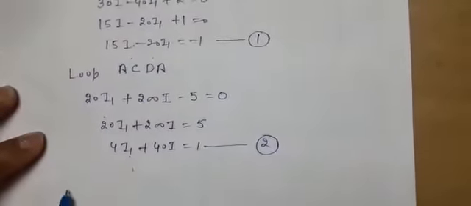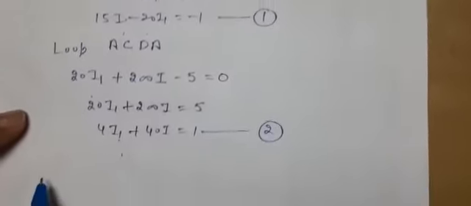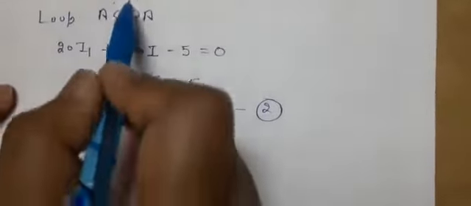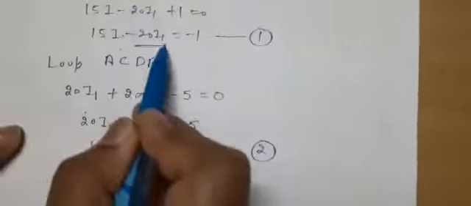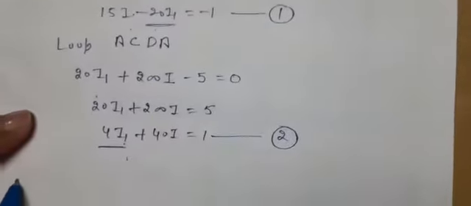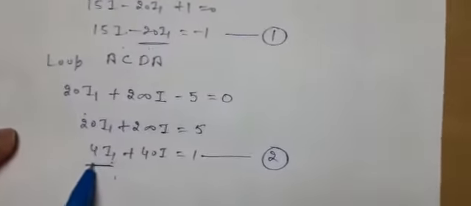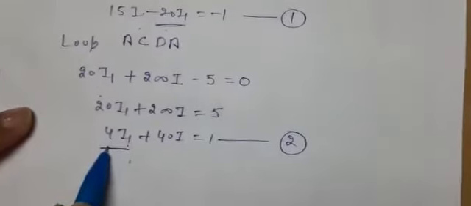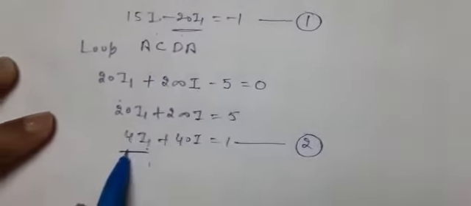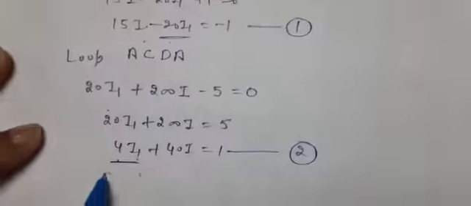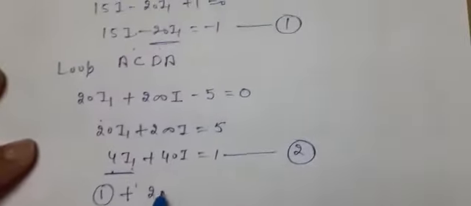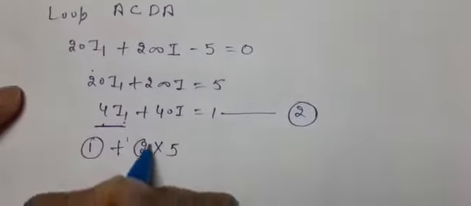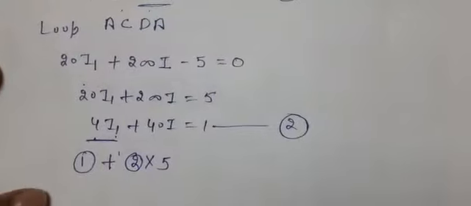So now you have to choose how to solve it, which factor to be multiplied. Here you can see this minus 20 I1, here it is 4 I1. So I will prefer to multiply equation 2 by 5 and add it to equation 1. So 1 plus 2 into 5. Equation 2 is multiplied by 5 and you will add it to the first.